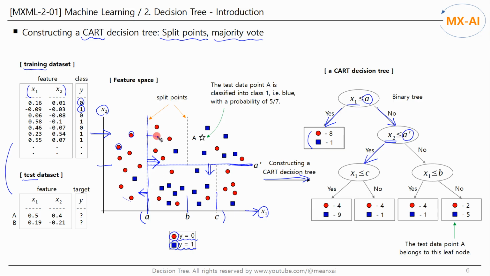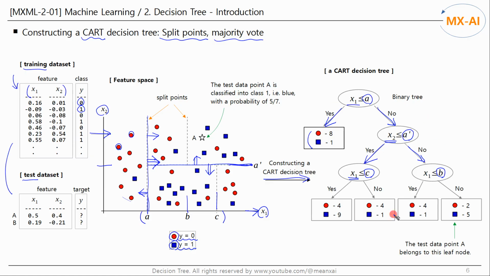Data points where the x1 feature is greater than A and the x2 feature is also greater than A' are assigned to the right node. Finally, we split the x1 feature again using split points C and B as follows. This will generate a simple decision tree for this dataset.